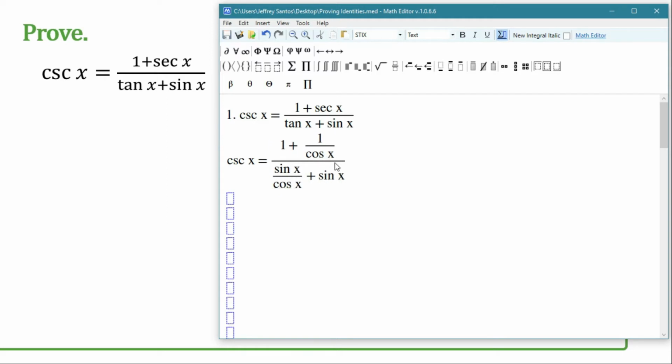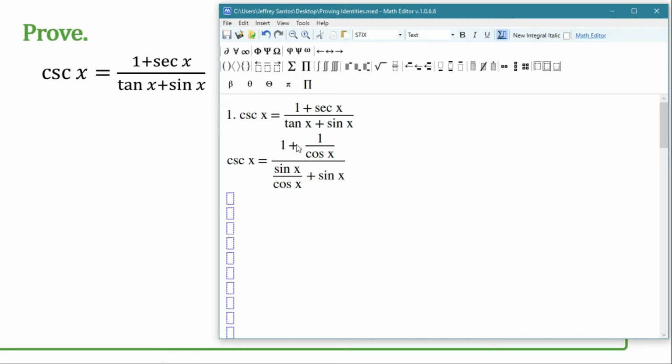Again, ang una nating ginawa is we determine what part of the identity is much simpler and which is more complicated, at yung mas komplikado, yun po yung gagalawin natin, and then we apply the fundamental identities that we did a while ago.